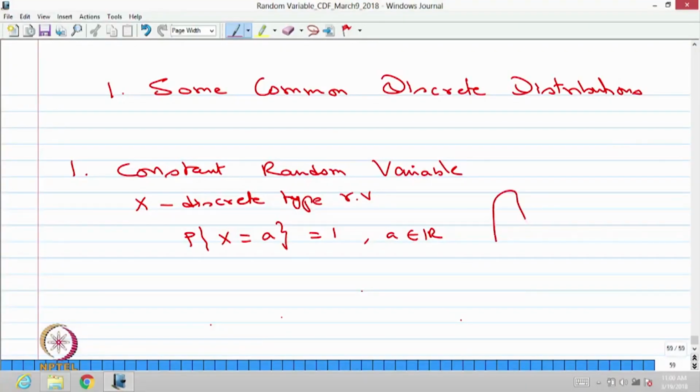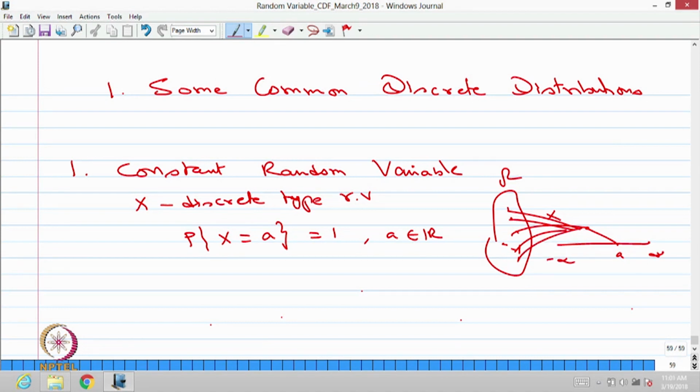Therefore, the probability of X equal to A is nothing but the collection of all possible outcomes which give the value A. For all possible outcomes, the mapping is A, where A belongs to the real line.